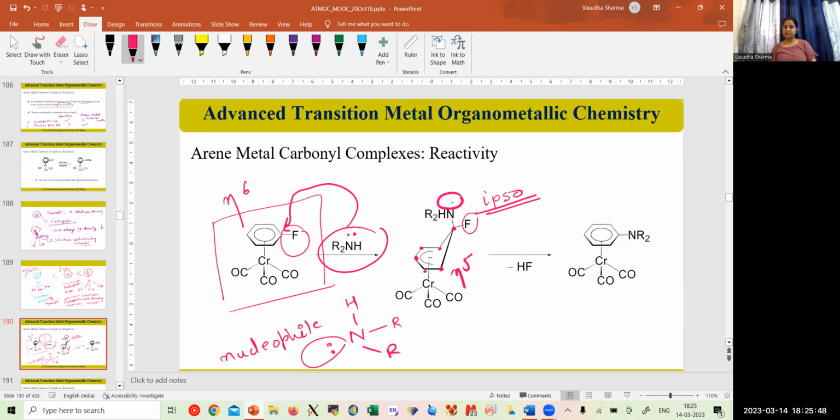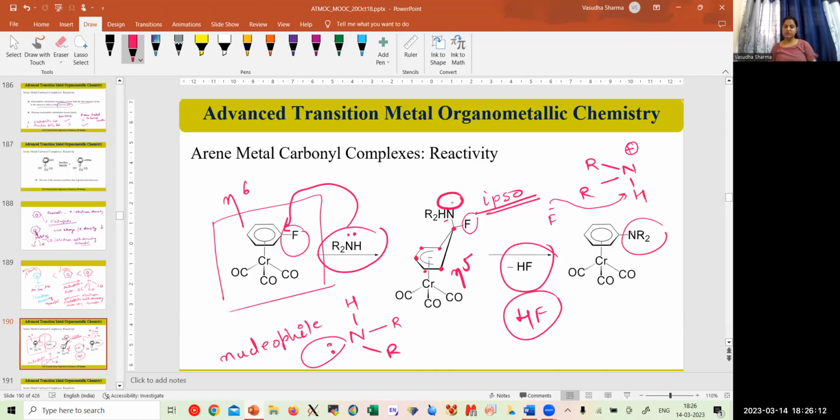Now since we have a fluorine, and this hydrogen becomes very acidic because it is coordinating with the nitrogen, if it goes, it will regain its lone pair and therefore it becomes NR2. So this F negative will attack this H, releasing hydrofluoric acid, and NR2 will come over here. And this is what we call a nucleophilic substitution reaction.